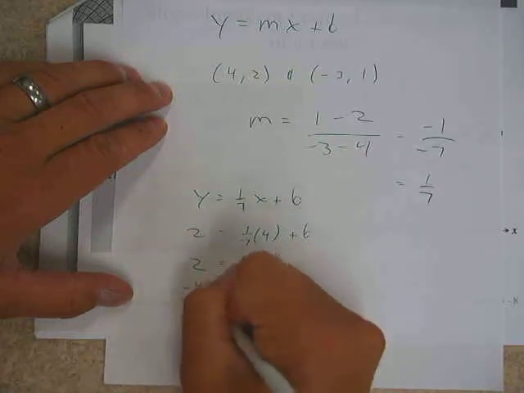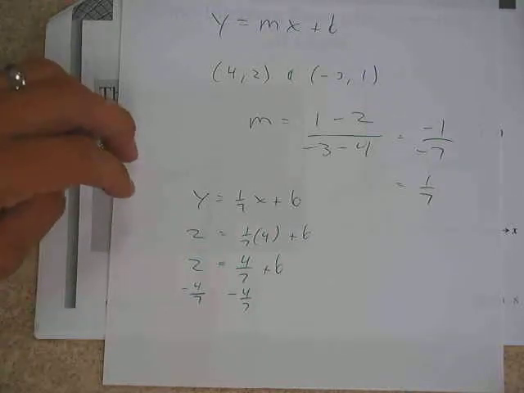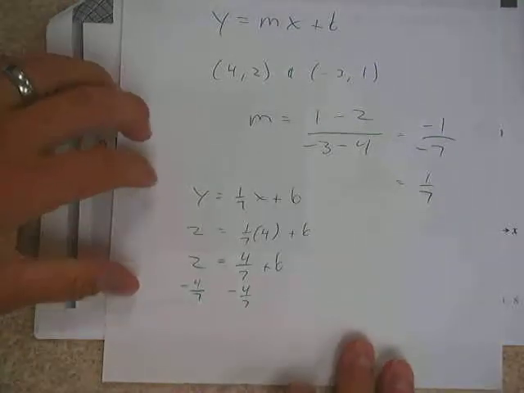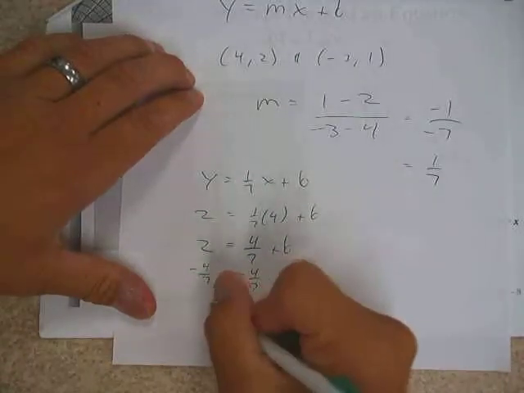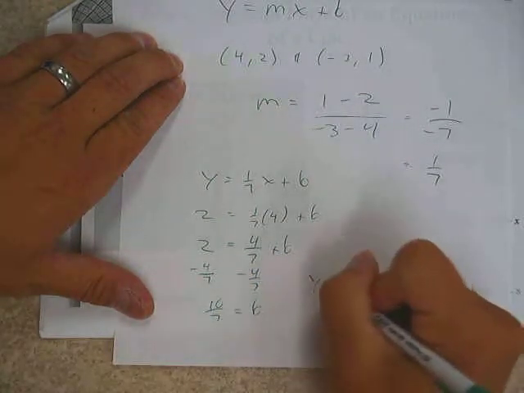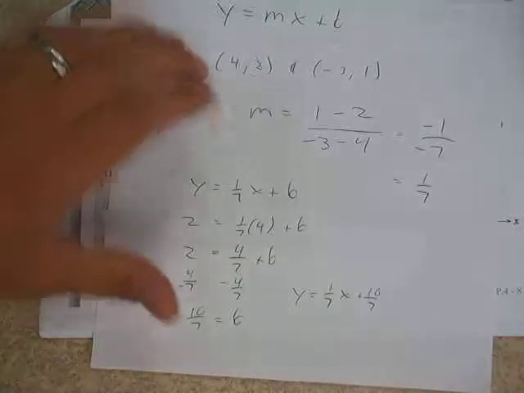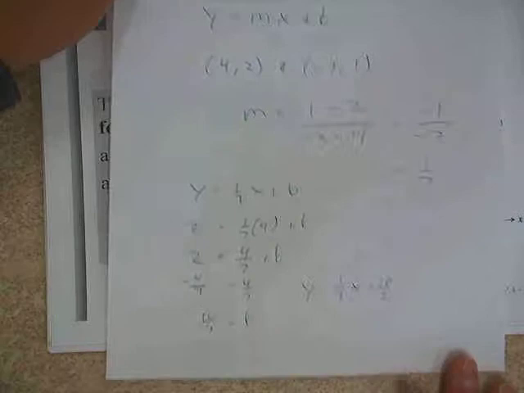So if I put my 2 in here, and then I do the math on that, 4/7 plus b, and I subtract 4/7 from both sides. If I put 2 with a 7 on the bottom, it'd be 14/7. So 14/7 minus 4/7 would be 10/7.